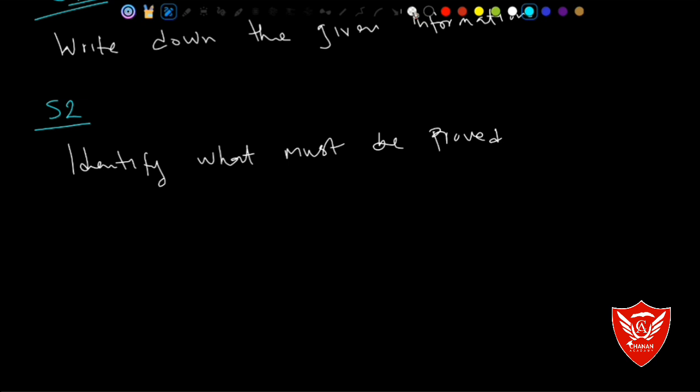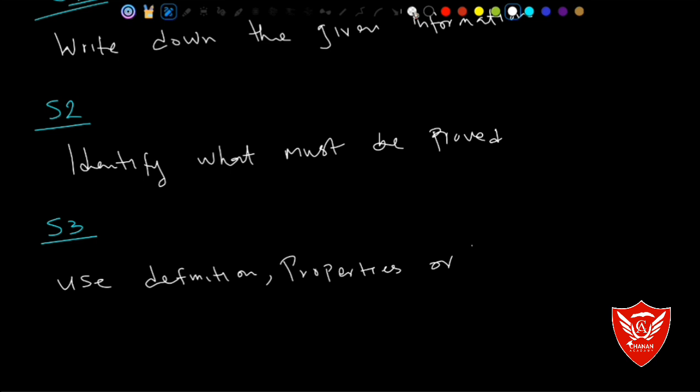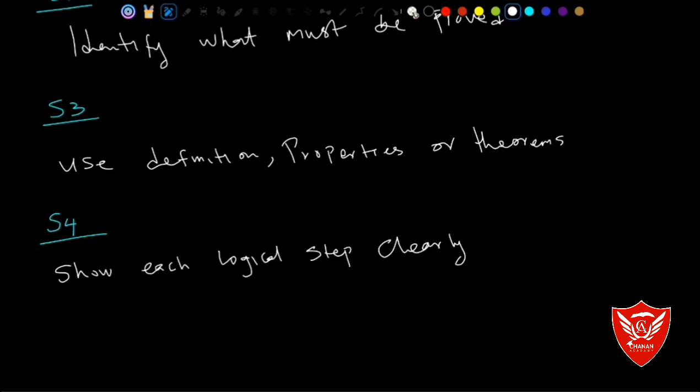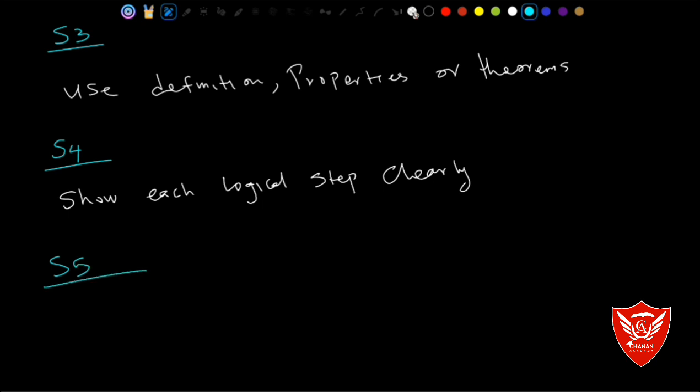The next step is step 3, use definition, property, or theorem. Alright, so the next one, step 4, show each logical step clearly. Step 5, you reach your conclusion if the statement is true or false.